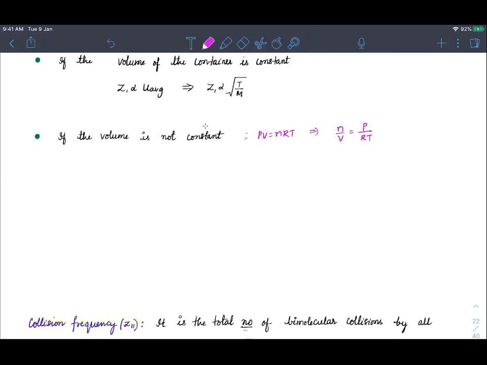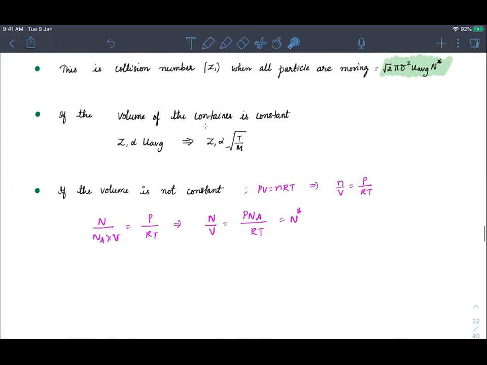Or this number of moles I can write as total number of particles divided by Na, so N by Na is equal to P by RT into V. This implies I can write it as N by V is equal to P into Na by RT. This N by V is nothing but N star.